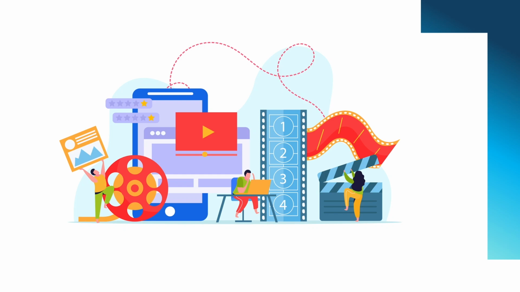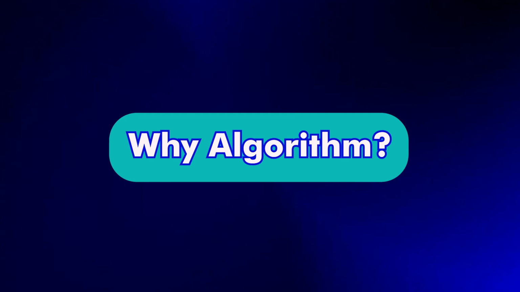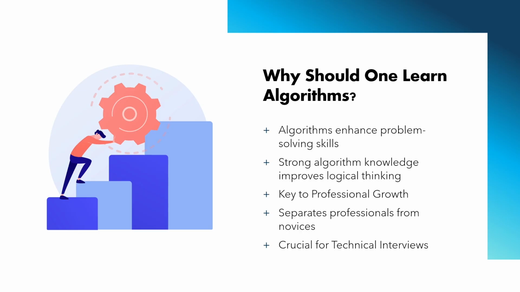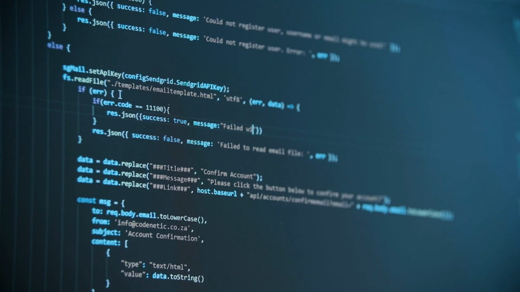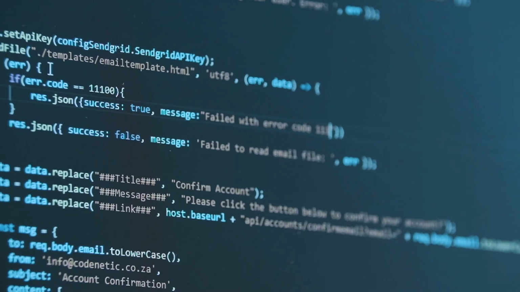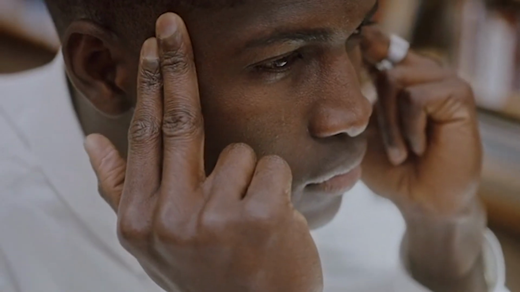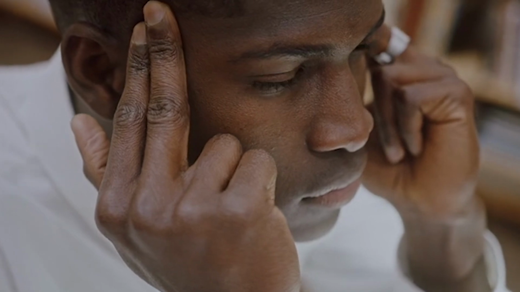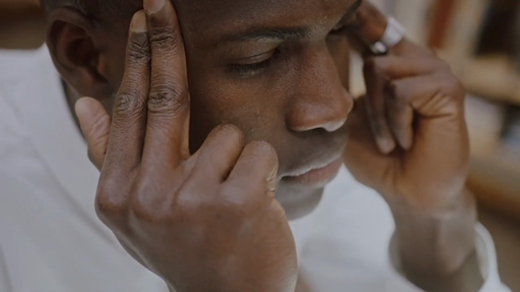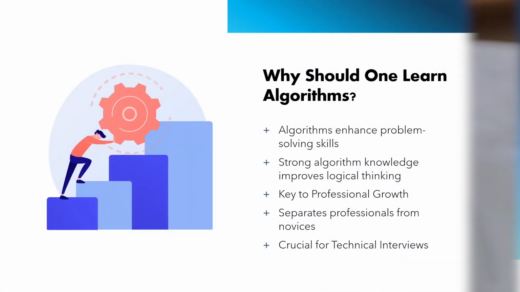And this brings us to a very important question. Why should one learn algorithm? So maybe you are familiar with programming and you can solve problems using a programming language. The truth is that knowing how to write programs in a programming language is a lot different from solving problems in the real sense of it. If you have a strong understanding of algorithms, you can be able to critically think and solve problems effectively.